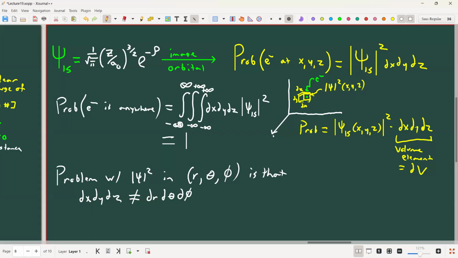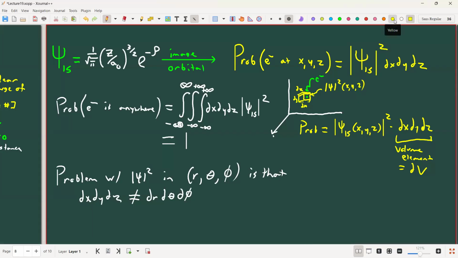All three of these parameters, in some sense, depend on the values of x, y, and z together. So this change of variables isn't just one-to-one. You have to do the chain rule. When you take a derivative of r, you have to take a derivative of r with respect to y, x, and z. So there's an additional factor from the chain rule, and this is what we derived when we started talking about spherical coordinates.